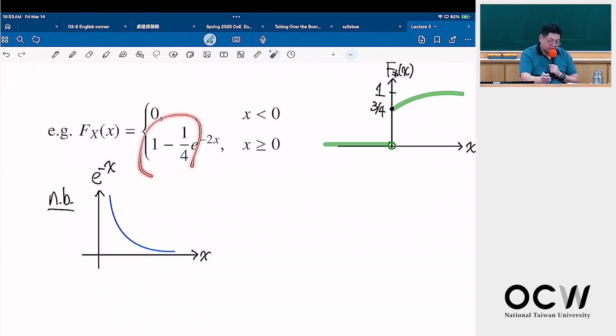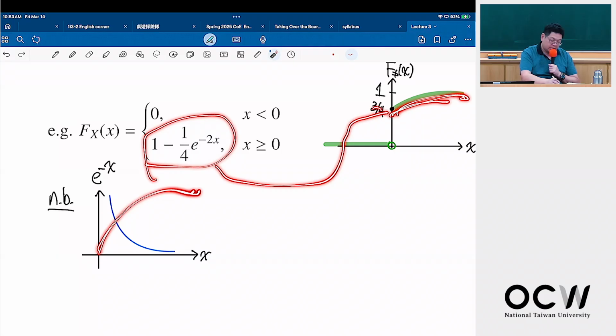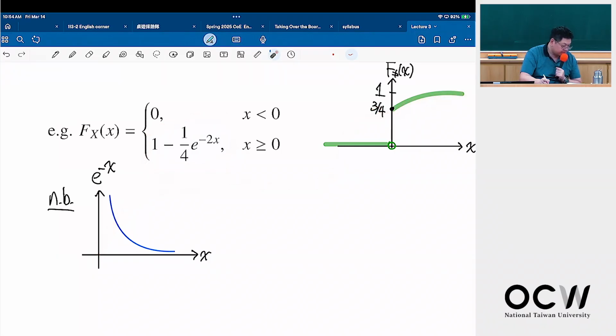So 1 minus the exponential of minus x, they'll be the other way. So that's why for this equation, it looks like this. Okay, so now I have the CDF. I want to find the PDF. How do I find the PDF?